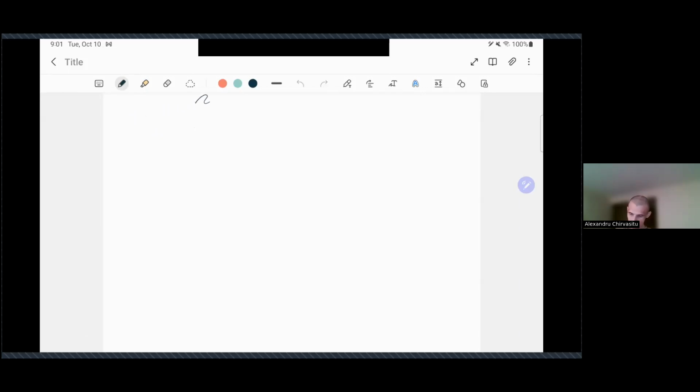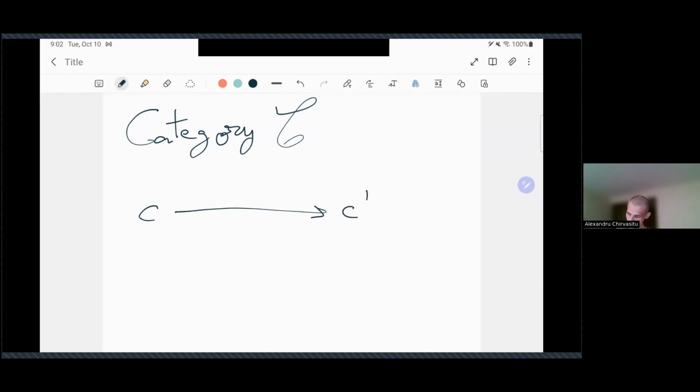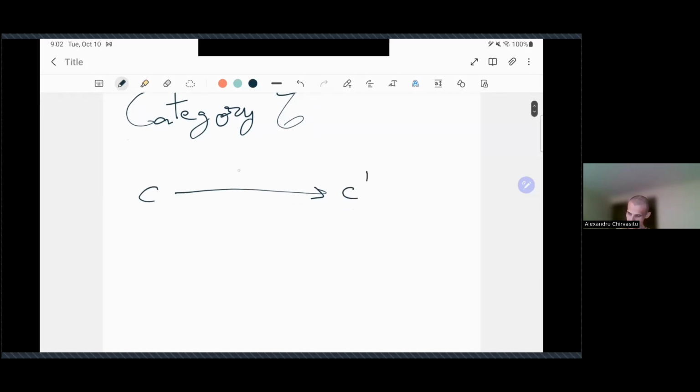But for now, it's just going to be an abstract one. So this is going to be a category C. And in it, I'm going to have some morphism from one object to another, C prime. Let's call it F.